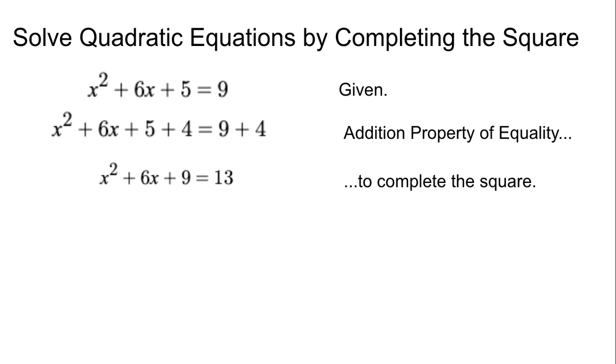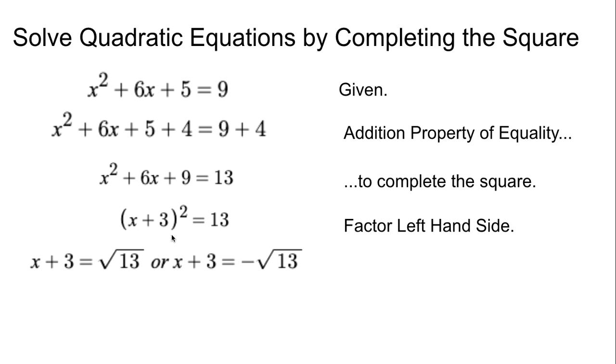And so now I can factor the left-hand side, and notice the value of completing the square. My entire left-hand side of my equation is being squared, so I can square root both sides of this equation.